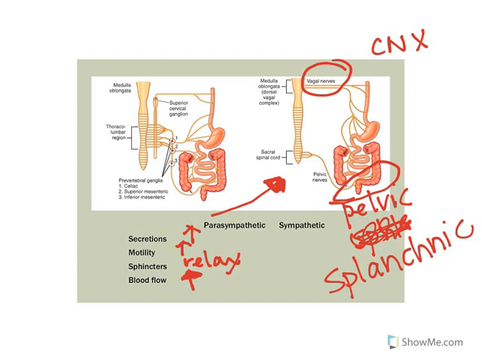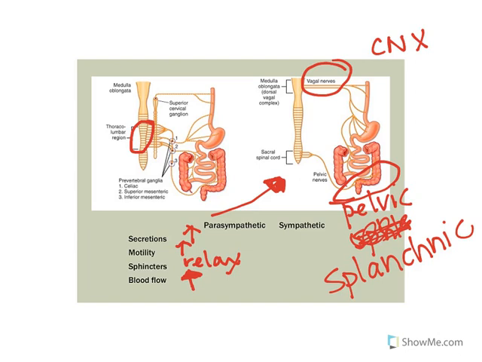Now, the sympathetic division is referred to as the thoracolumbar division, because what you'll notice is the preganglionic neurons, the cell bodies, originate in the thoracic and lumbar spinal cord. They go out and they synapse with cell bodies of postganglionic neurons in our various ganglia, our celiac, superior mesenteric, and inferior mesenteric ganglion, which then innervate various parts of the digestive tract.